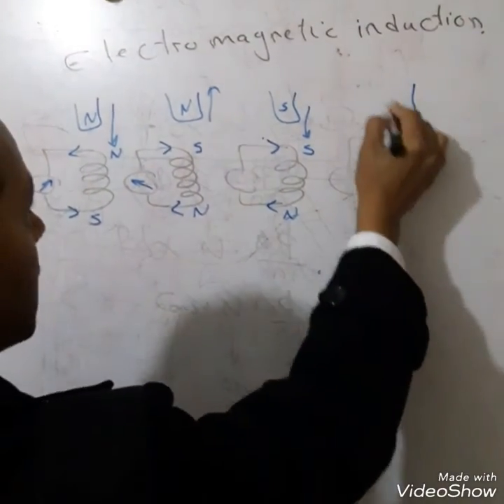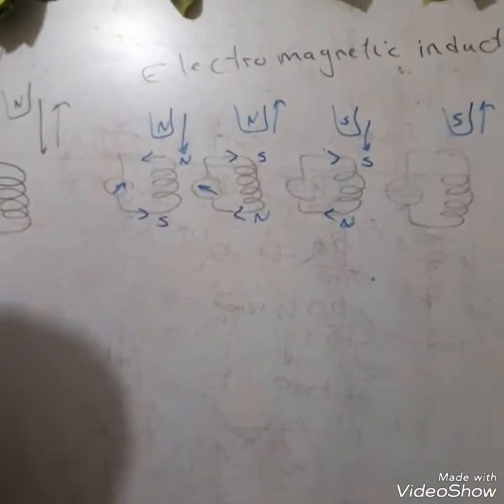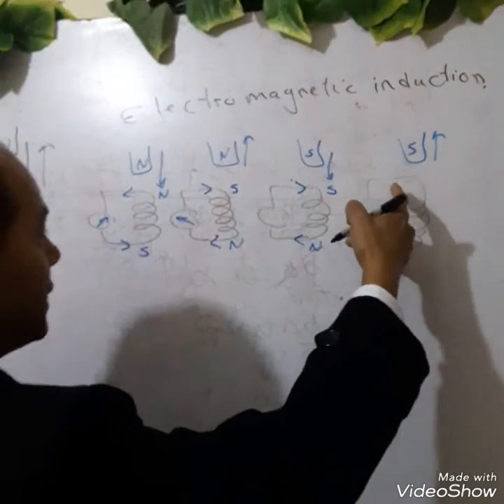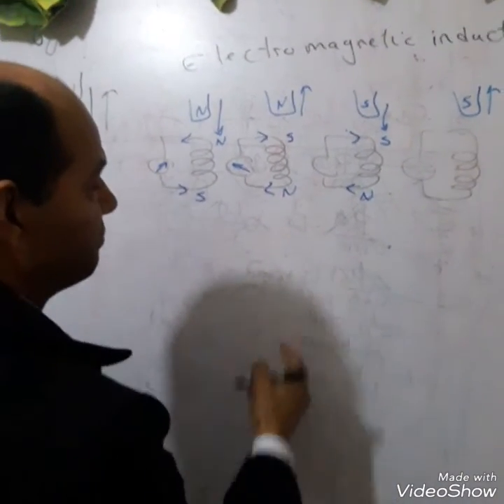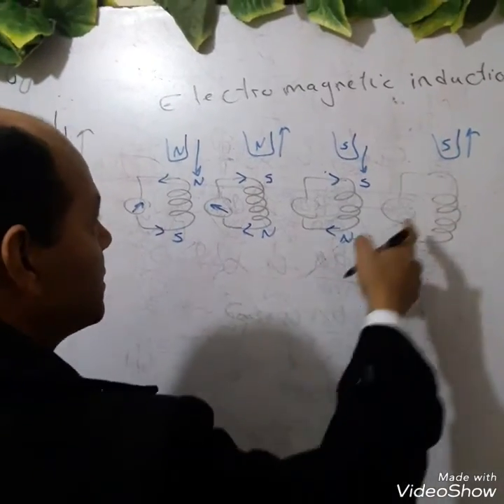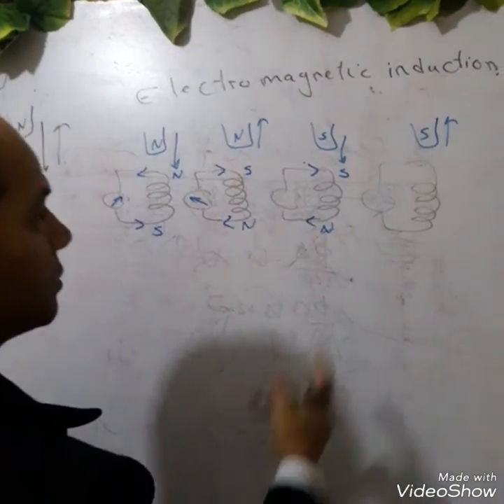If you move the south pole away from this coil, the electromotive force or electric current induced in the coil must oppose this south pole. How?